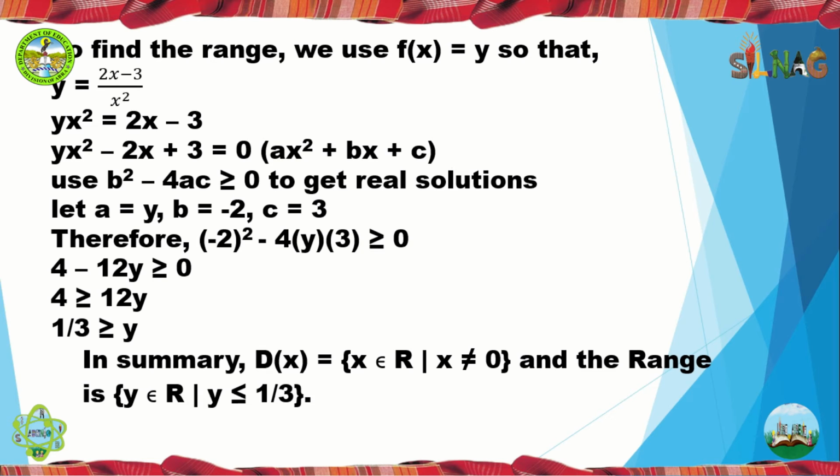So we have yx squared, or x squared y, minus 2x plus 3 is equal to 0. So you can see that the highest degree of the given equation is 2. Therefore, it is a quadratic equation. So, the given now is in standard form of a quadratic equation: ax squared plus bx plus c is equal to 0.